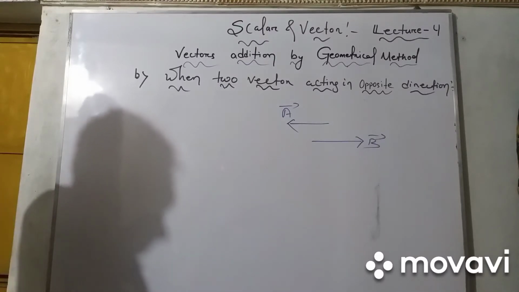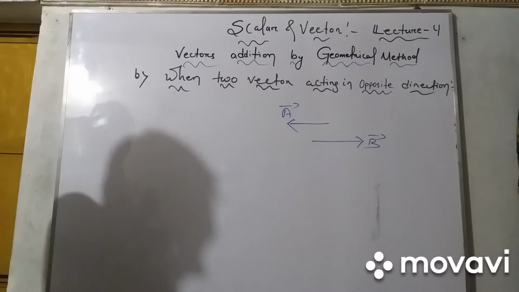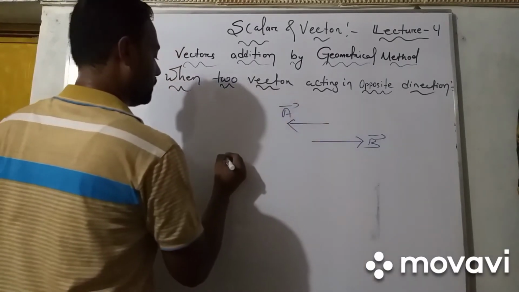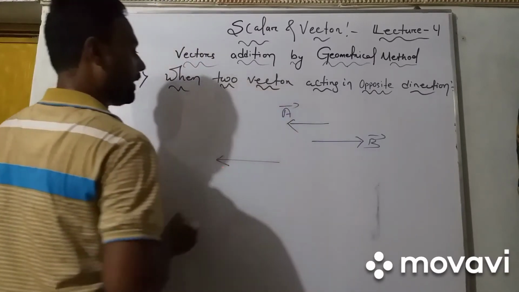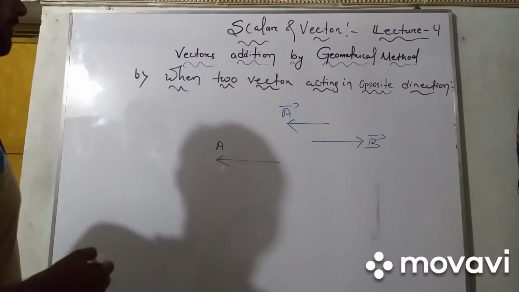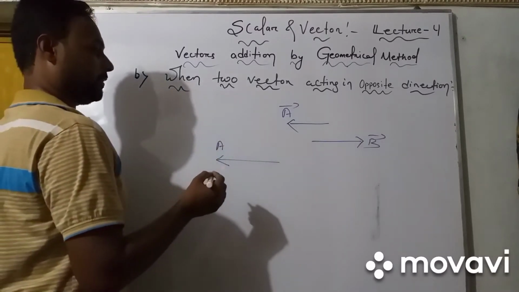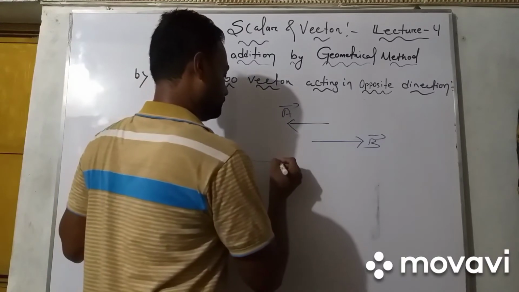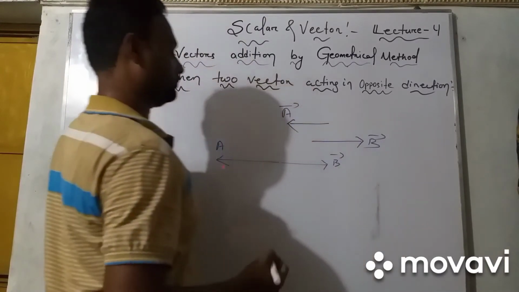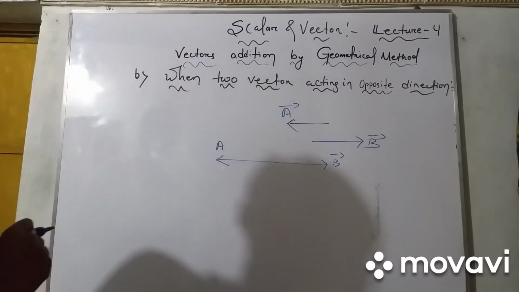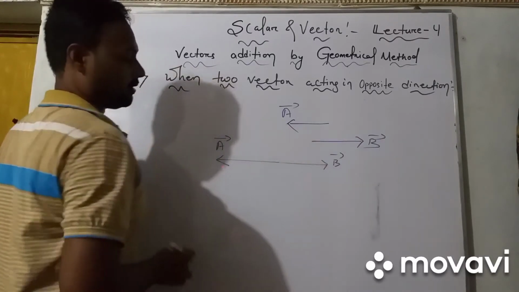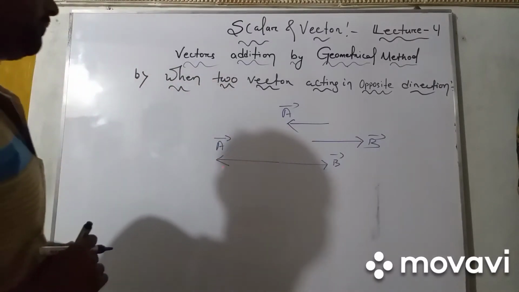If I represent it, suppose this is a vector, and this is b vector. Suppose a vector is bigger and b vector is smaller.